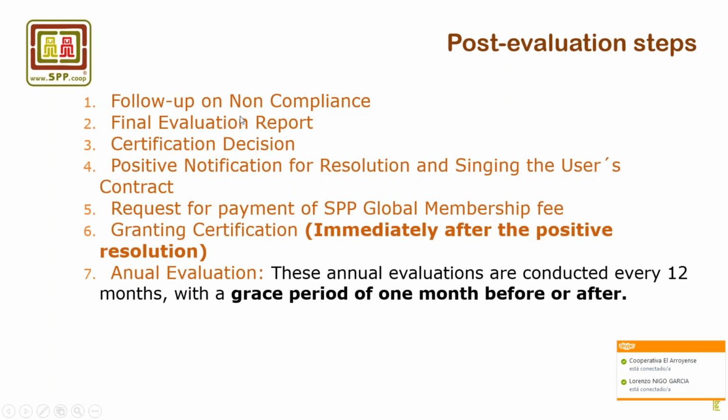Follow up on non-compliance, final evaluation report, certification decision, positive notification for resolution and signing the user's contract, request for payment of the SPP Global membership fee, issuing the certification immediately after the positive resolution, and annual evaluation. These annual evaluations are conducted every 12 months with a grace period of 1 month more before or after.